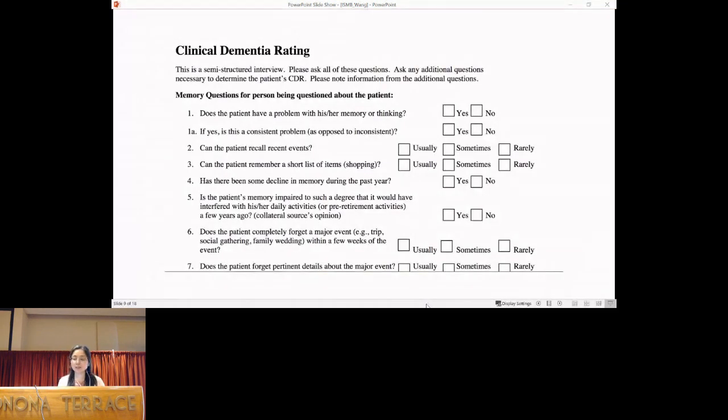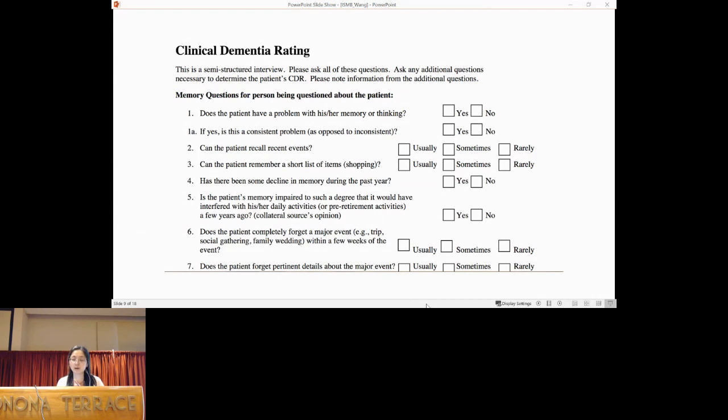This is the Clinical Dementia Rating. Physicians use this instrument to investigate what kind of symptoms patients have. The example questions here for memory: does the patient have a problem with her or his memory or thinking?